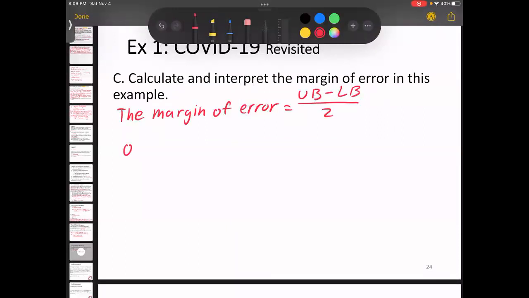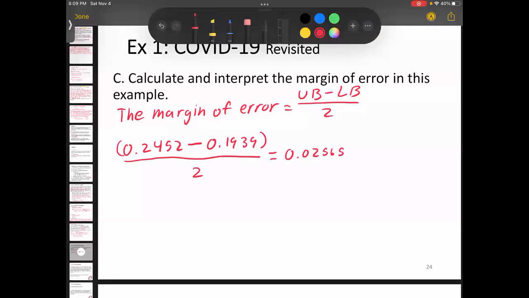The upper bound is 0.2452, and the lower bound is 0.1939. And then we divide all that by 2. If you do that math in your calculator, you put parentheses around this and then divide it by 2. You will get 0.02565.